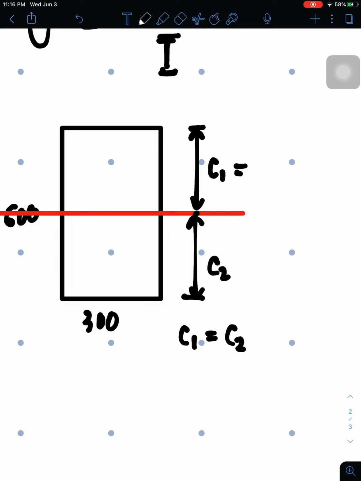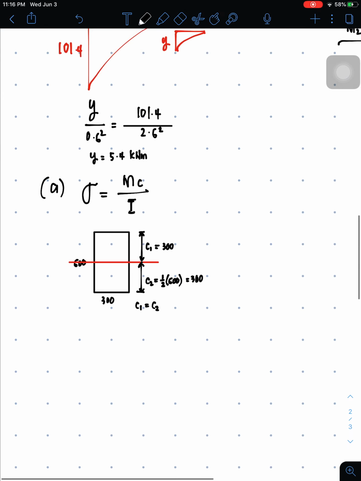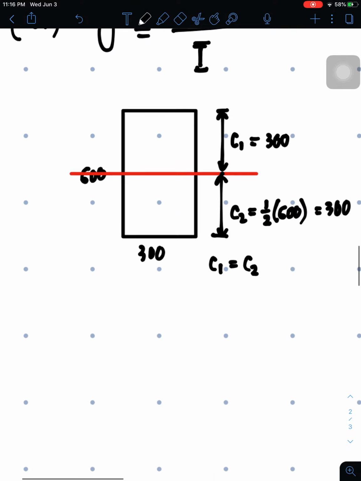And C1 is 1/2 of 600. This is 300. So 1/2 of 600. And that is 300. Okay. So mao na ang atong C. Then ang atong M of course is our M2.